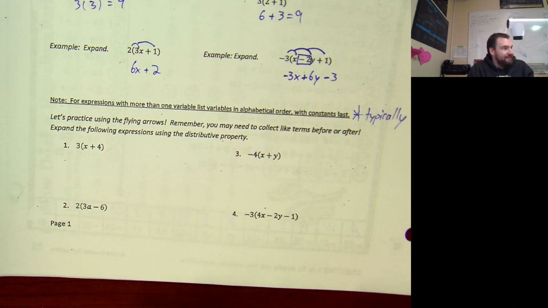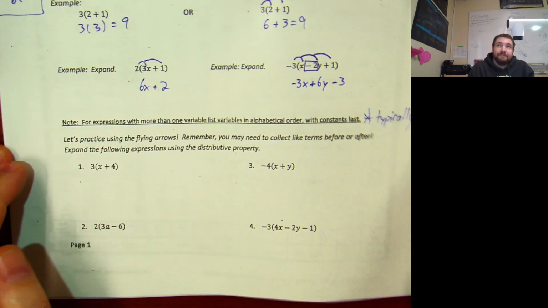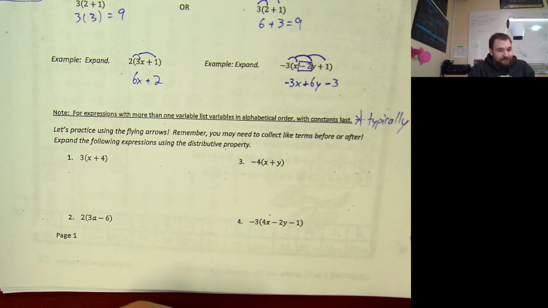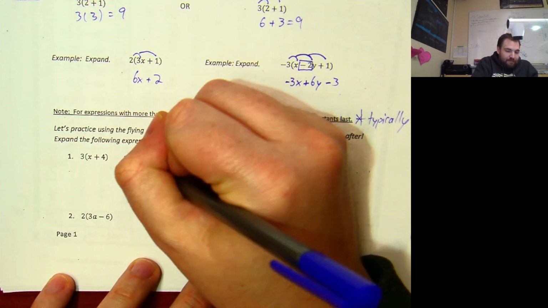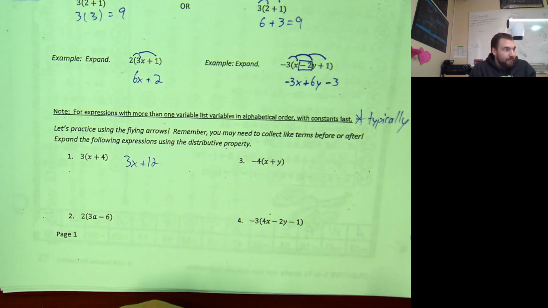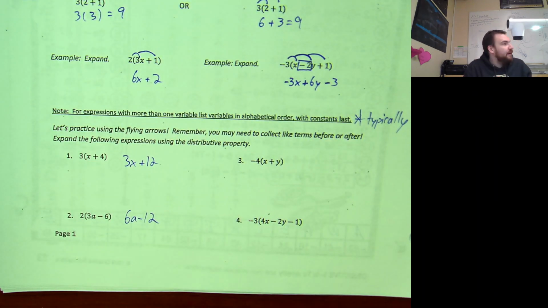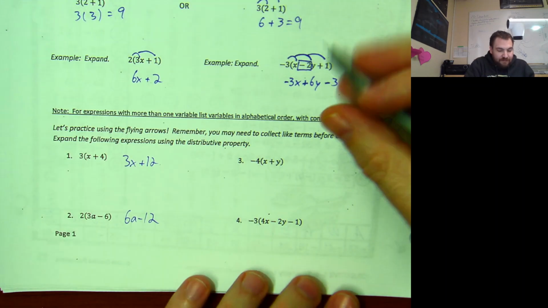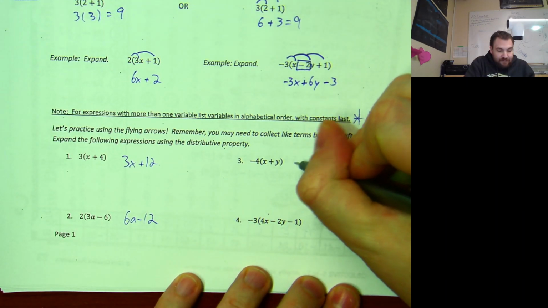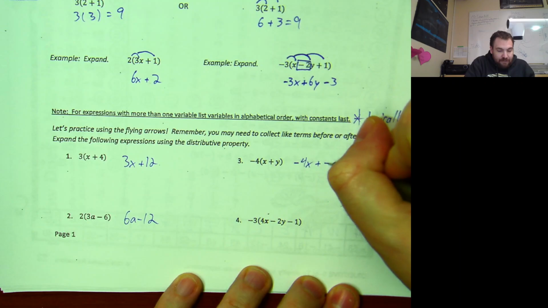Oh, some of us haven't even started yet. Okay, Ty, what'd you get for the first one? 3x plus 12. Love it. See if I can find Chelsea. What'd you get for 2? Love it. Olivia, did you get 3? What'd you get? Cool.